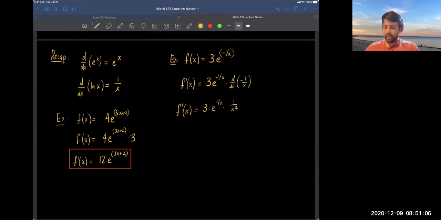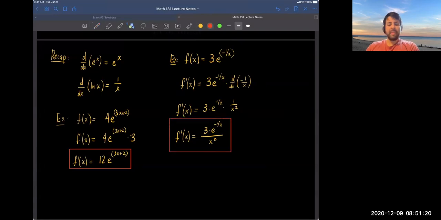And then I can rewrite this more compactly: 3 times e to the negative 1 over x, over x squared. Okay? Does that make sense? The chain rule and the differentiation rule for e functions with the base e.